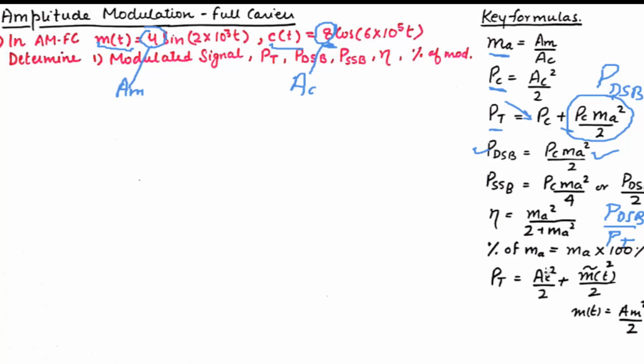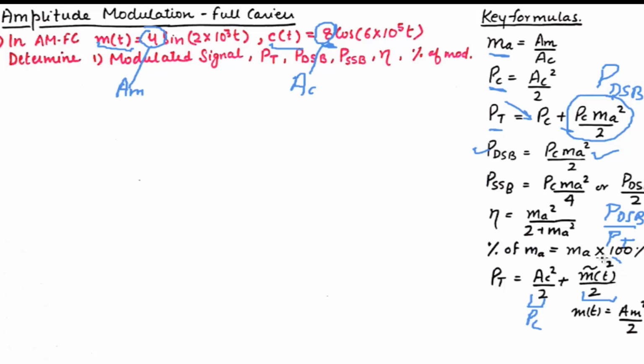And the total power in terms of the maximum amplitudes of MT and CT can also be expressed as this, because this is nothing but PC and this is nothing but the power in the double sideband. So PC plus average of MT square upon 2.